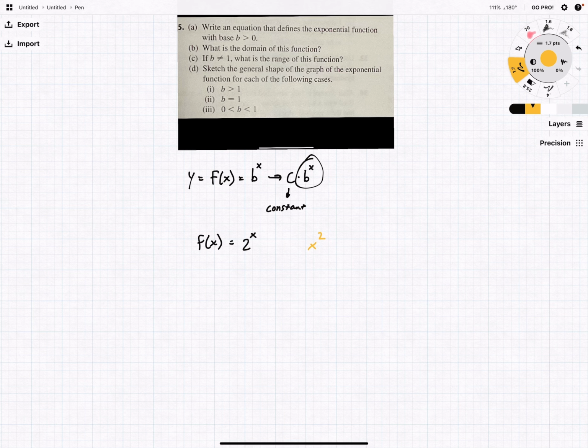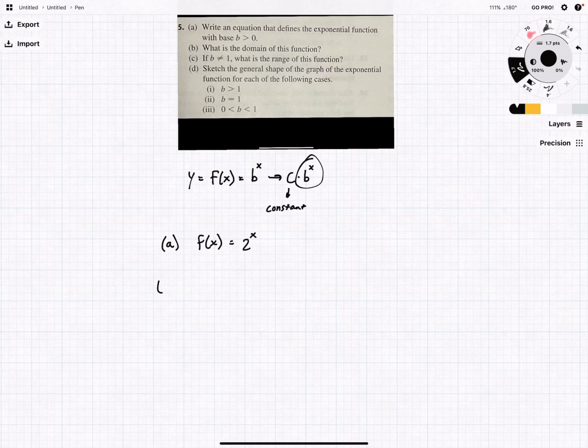With x squared, you would have 1 squared, 2 squared, 3 squared, 4 squared, right? With the exponential function, it's 2 to the first power, 2 to the second power, 2 to the third power. So it's a different type of function. Similar in style, in that the growth is exponential. Okay, so that's part A.